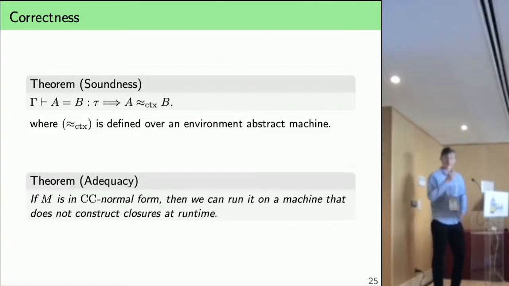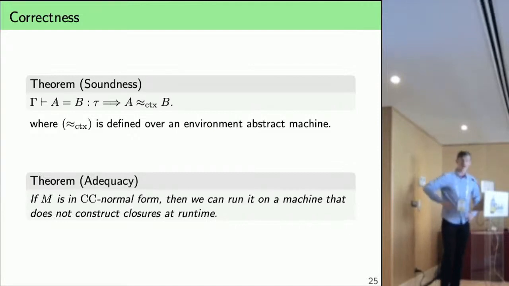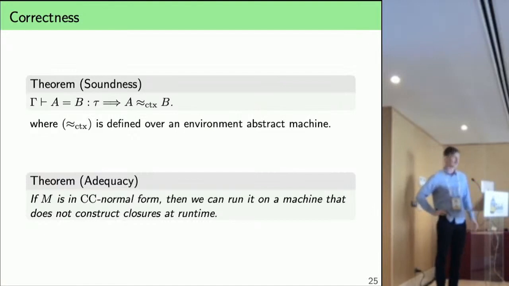We also have another theorem in the paper called adequacy, which I have an informal description of here, but the essence of it is to say that when you've performed closure conversion, you can run on a simpler machine. So if you have a completely unclosure-converted program, you need an abstract machine which will capture the closures at runtime.